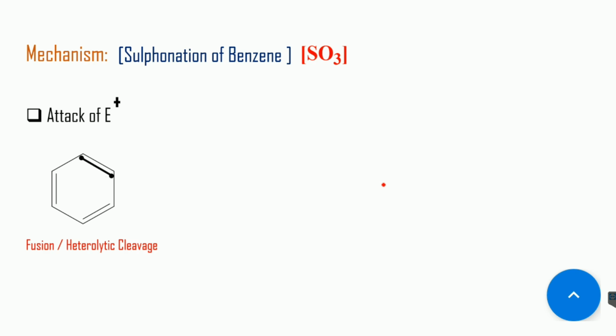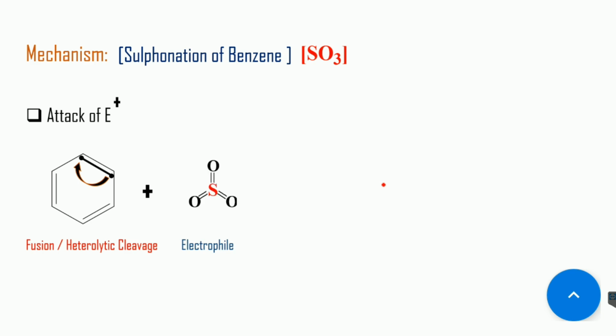So this electron is moving from one side to another in the presence of SO3, that is our electrophile. But why is SO3 better? First of all, SO3 is nothing but sulfur trioxide and it's a polar electrophile.